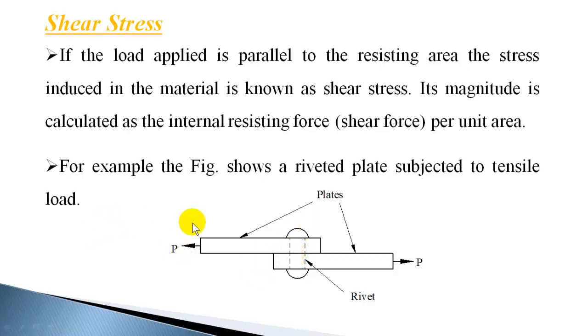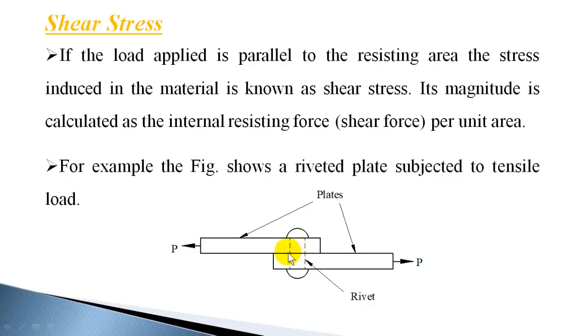So on the rivet, two forces are acting, one towards the right and another towards the left. And the cross section of the rivet, that is the area which resists these forces, is parallel to the forces. So the resisting area and forces are mutually parallel, and they are lying in a horizontal plane. So the corresponding stress induced is shear stress.